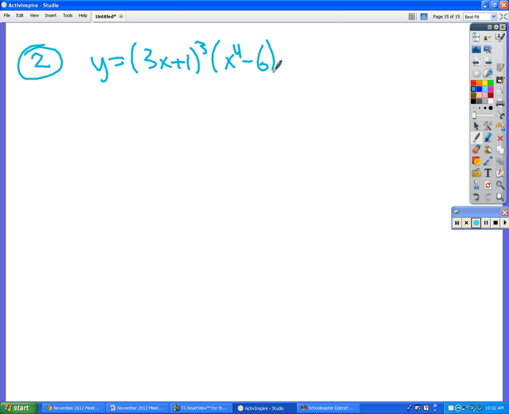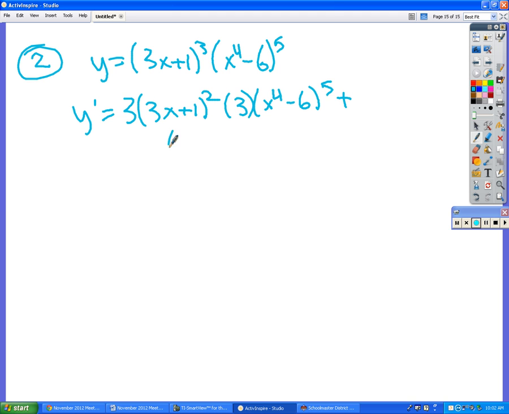So it's the derivative of the first one: 3 times (3x plus 1) squared times the derivative of the stuff inside, which is 3, times the second function, which stays exactly the same, plus the first one, which stays the same, times the derivative of this one, which is 4 times x to the 4th. I'm sure you could simplify that out and lots of things would cancel, but, you know.